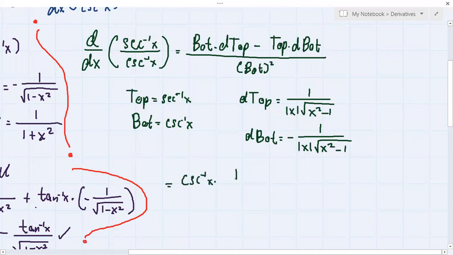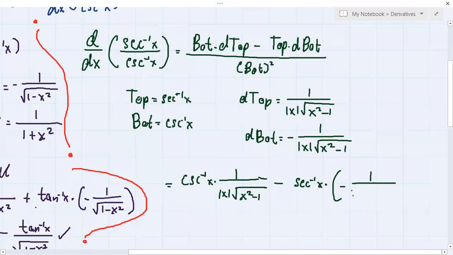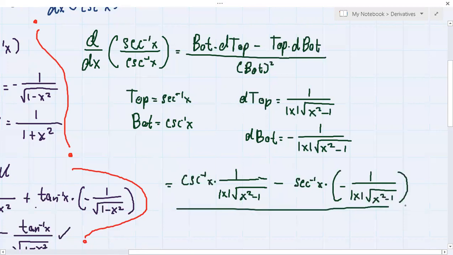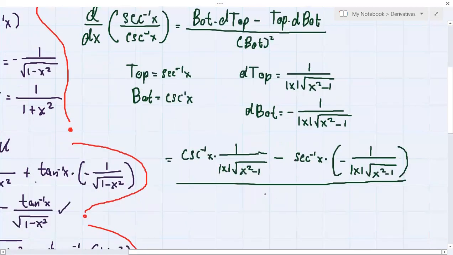Si d top, which is 1 all over the absolute value of x times the square root of x squared minus 1. Minus si top, which is si arc secant, times derivative ng bottom or d-bot, which is negative 1 all over the absolute value of x times the square root of x squared minus 1. Ngayon, square natin si bottom, we have the square of arc cosecant.